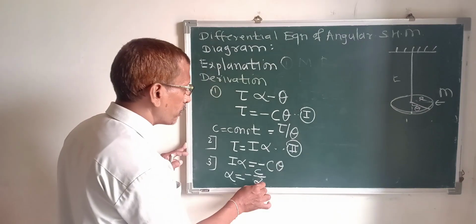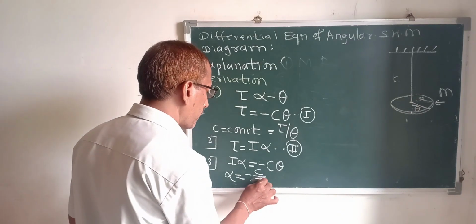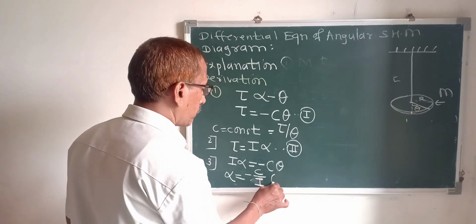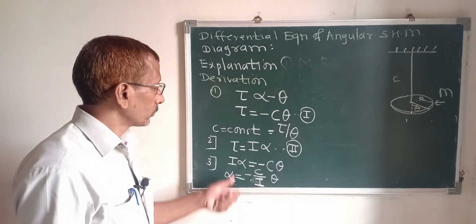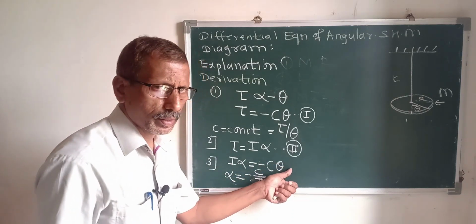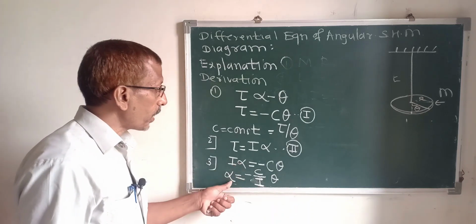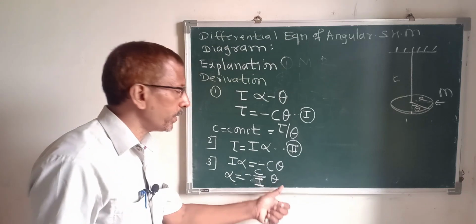So alpha is equal to minus c divided by I into theta.